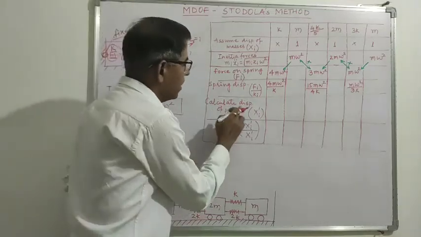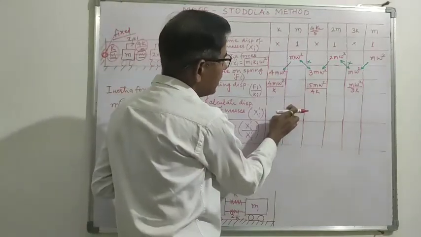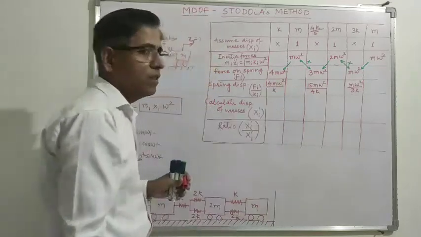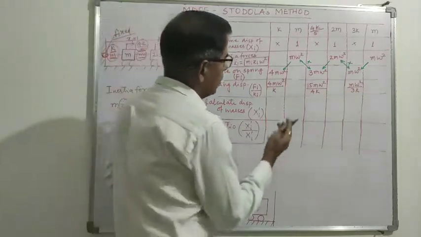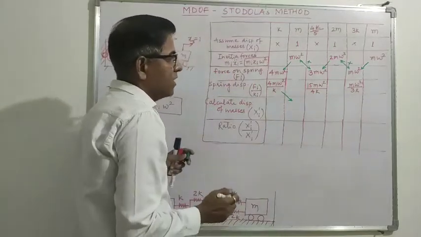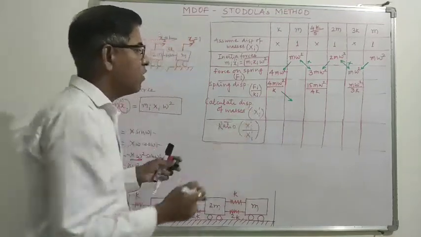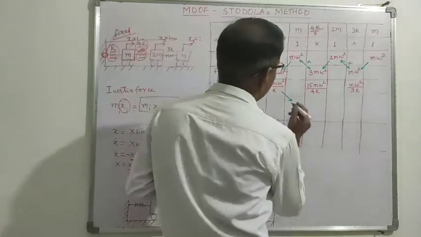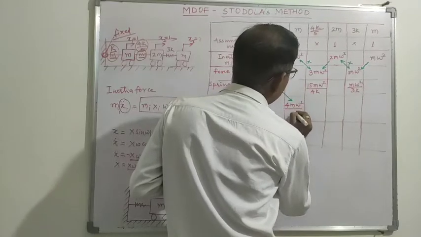That is why, to calculate the displacement of masses, the first mass will displace by the amount of displacement of the first spring. So we will write down the displacement value of the first spring as it is as the displacement of the first mass. So it will be 4m omega square by k.